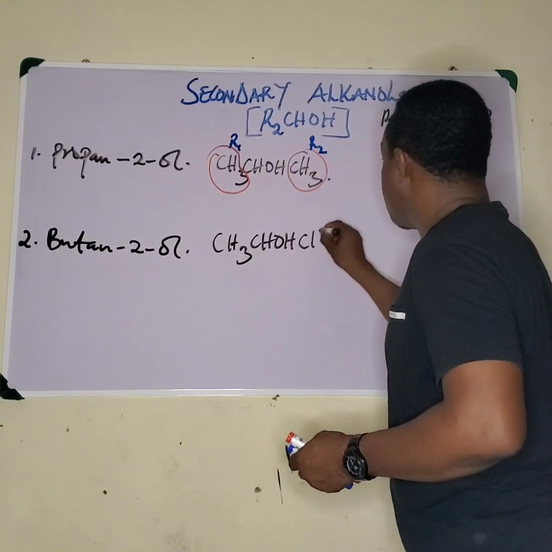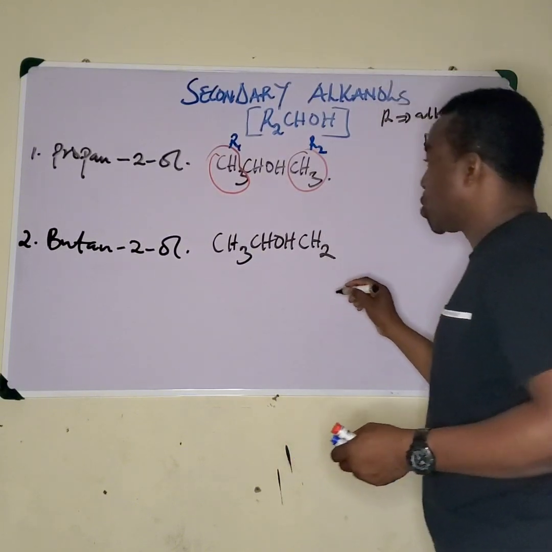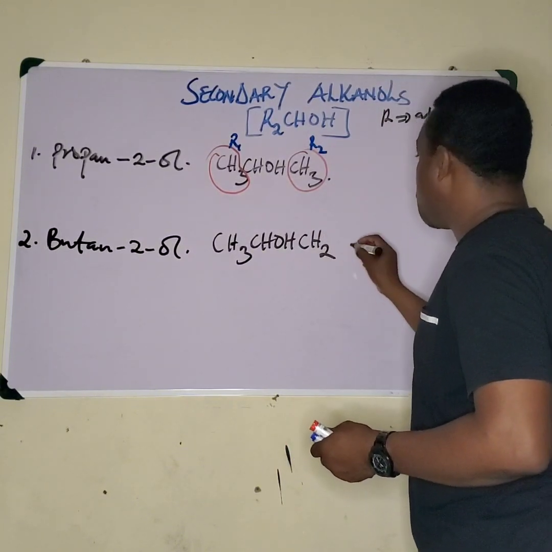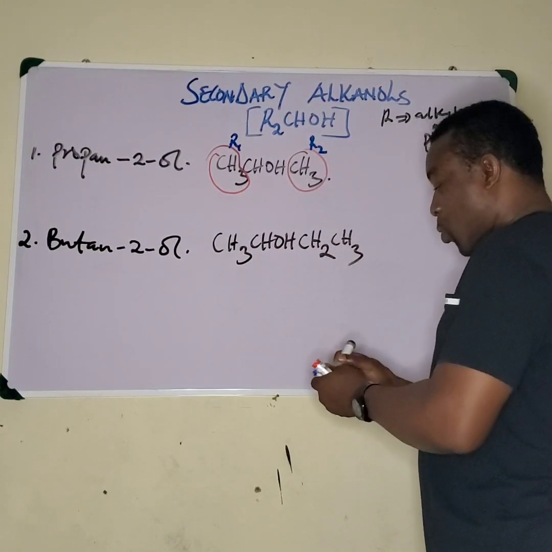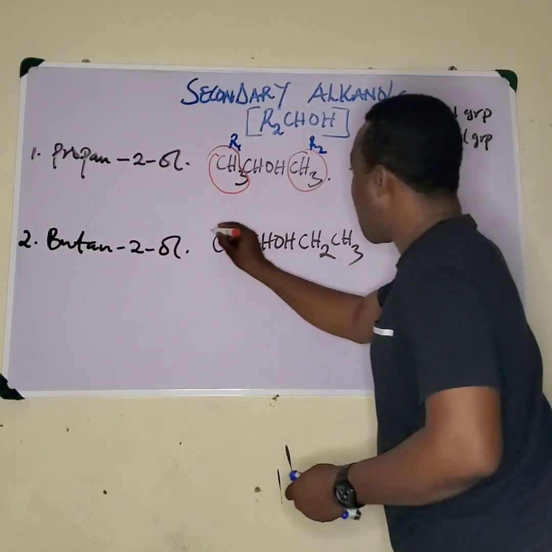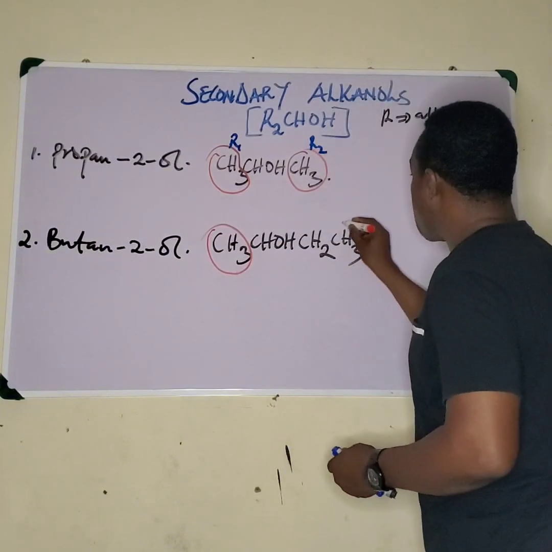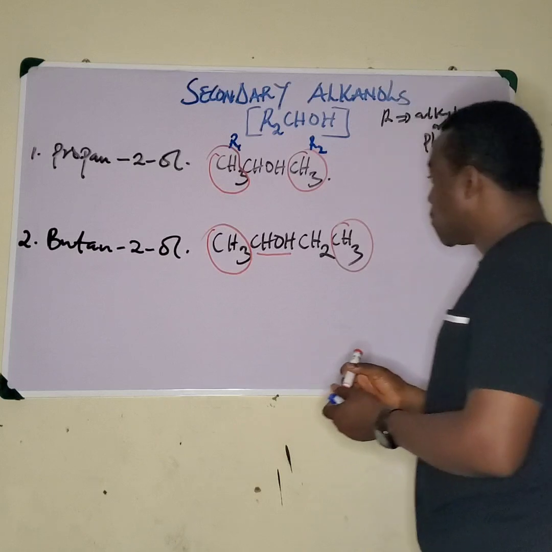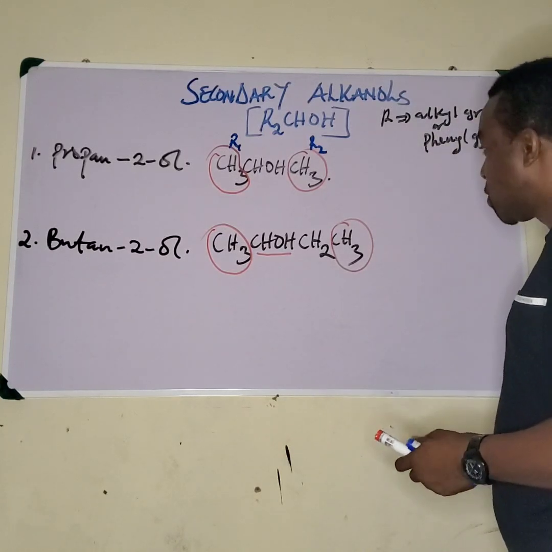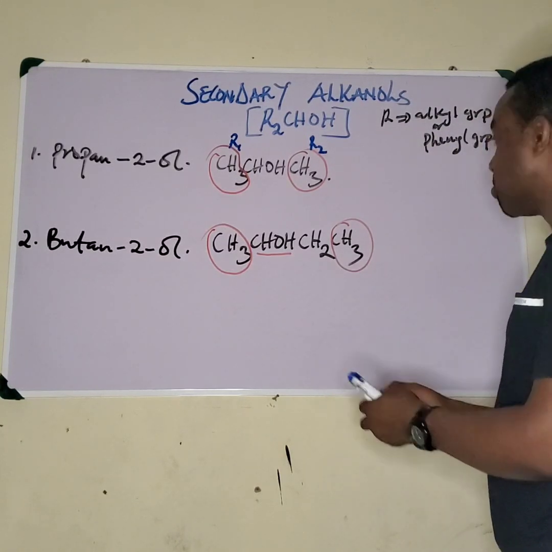That's why I'm strategically positioning my OH. 1, 2, 3, and we have CH3. So here, you will agree with me, we have one alkyl group, two alkyl groups, and the OH is attached to a CH carbon or CH atom.